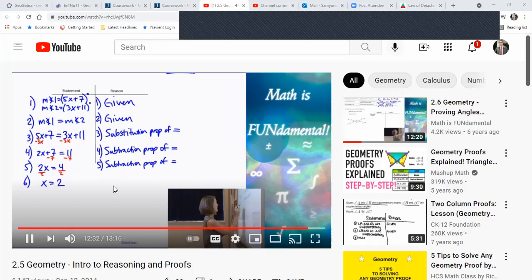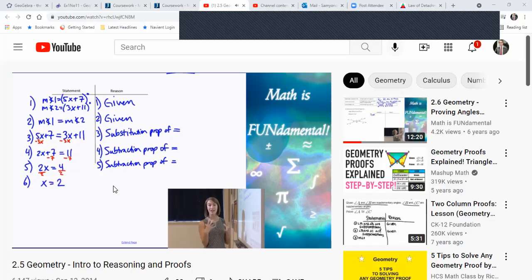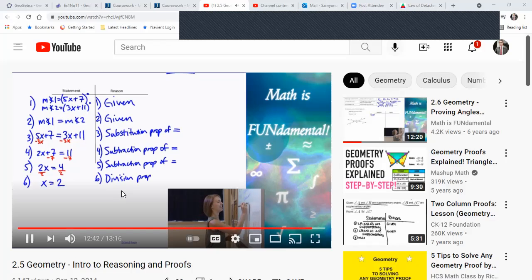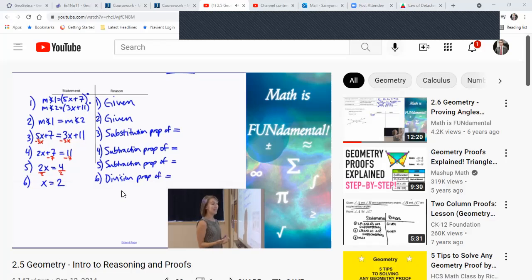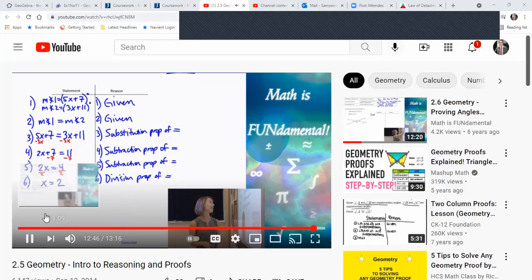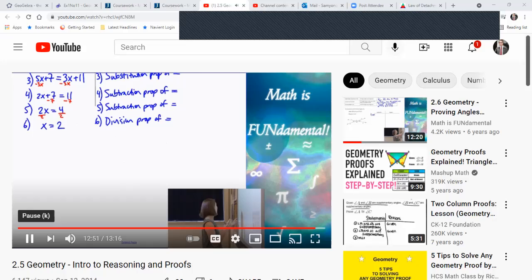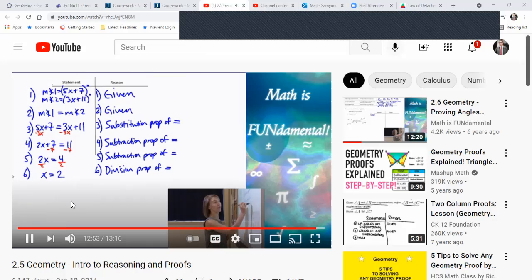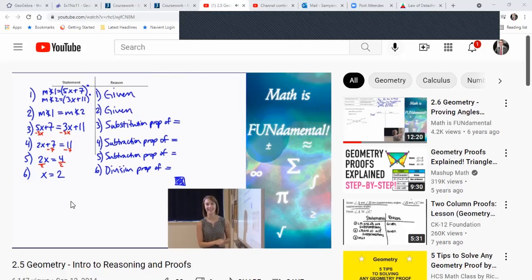And again, I divided something from both sides, so that's going to be my division property of equality. And that's the end of our proof. Now, if you want to be really fancy, to symbolize that it's the end of a proof, you can put a little box and color it in like that.